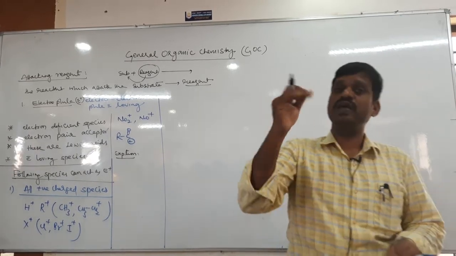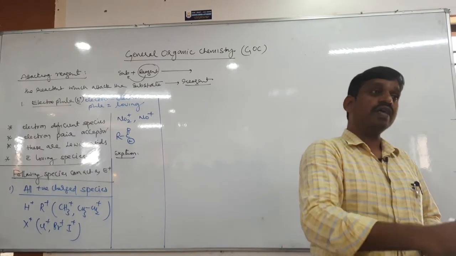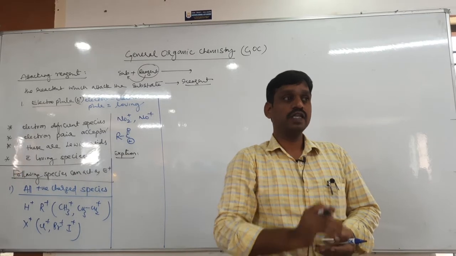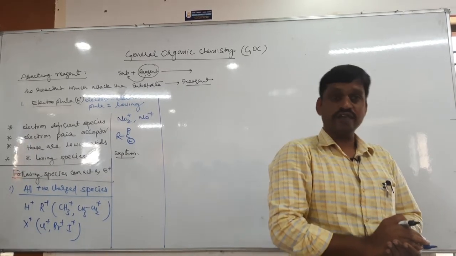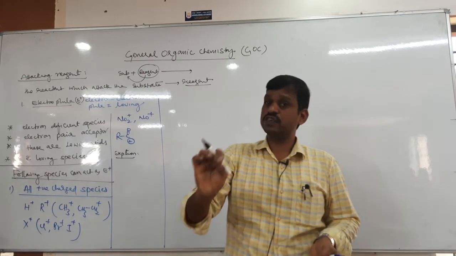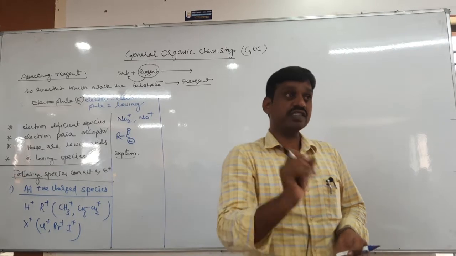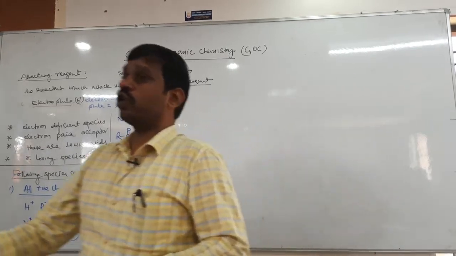Sodium plus has a stable electronic configuration, and moreover, alkali metals and alkaline earth metals have a tendency to lose electrons. They don't have a tendency to take electrons, right? Therefore, never. So all first group and second group metal cations are not electrophiles.